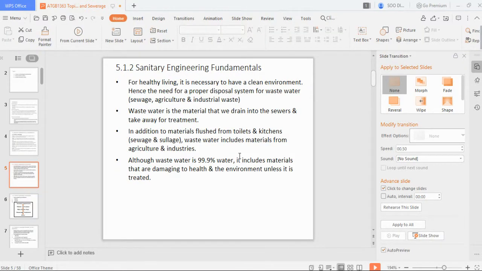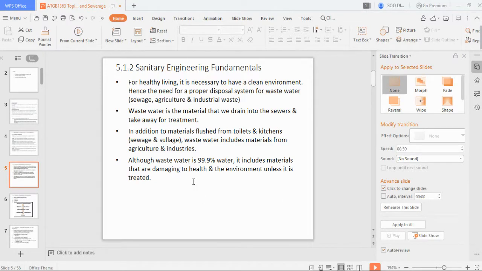A bit of additional info apart from the terms that I just briefed you. Although waste is 99.9% water, it includes material that is damaging to health and environment unless it is treated.